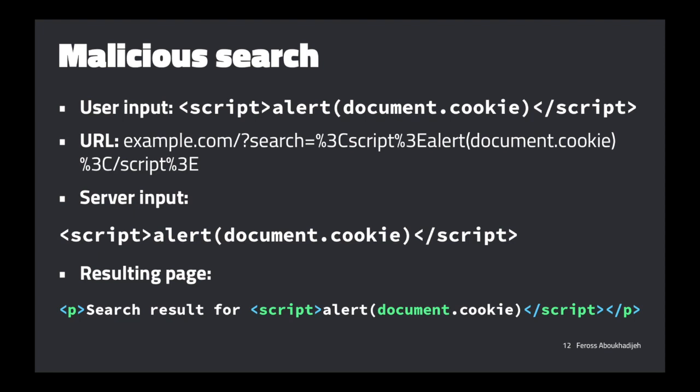Seriously, if you try to name your username script or select or insert or anything that sounds programmerish, they'll just say you can't choose that as your username. And hopefully they're not relying on that for their security, because that's a blacklist, a block list approach, where you basically are saying I don't allow these things, but of course if you've forgotten one thing then you're owned. So you want to have other defense mechanisms in place.